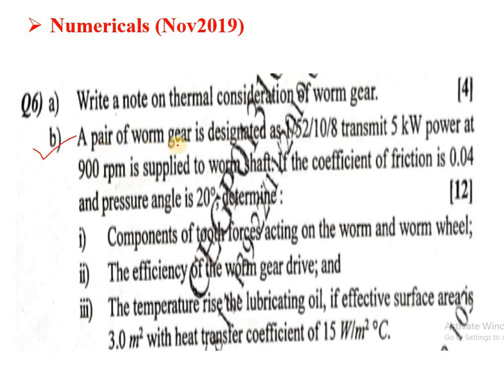A pair of worm gear is designated as 1/52/10/8. It transmits 5 kW power, and 900 rpm is supplied to the worm shaft.